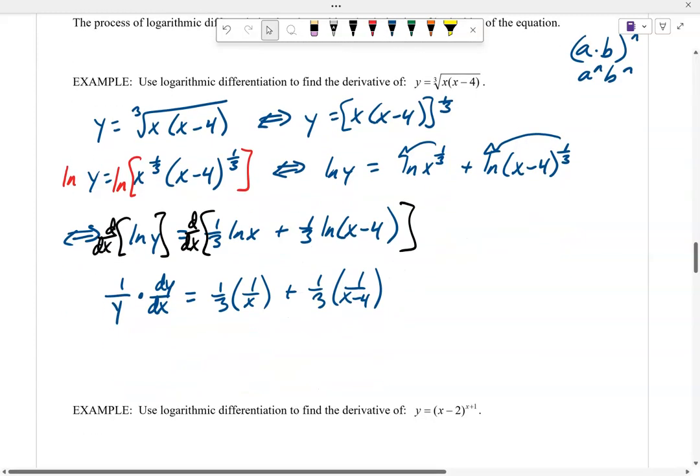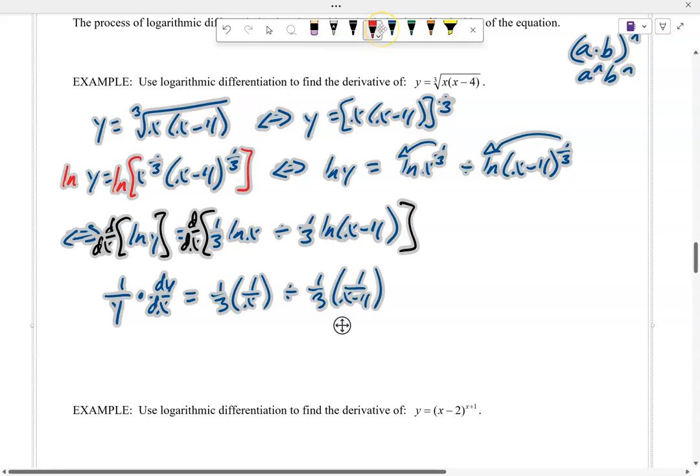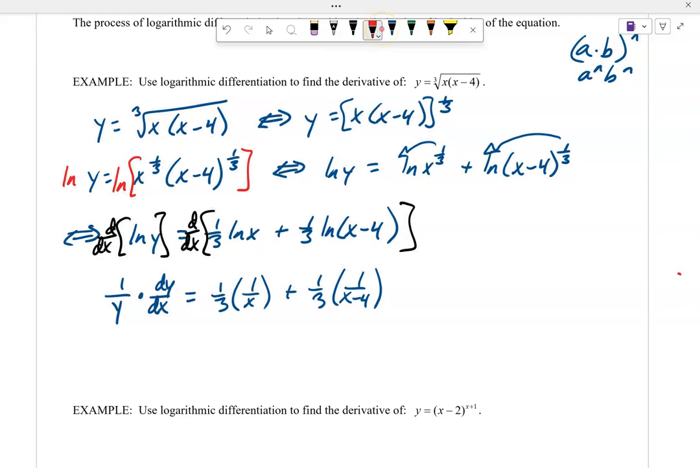And so we've got dy/dx equaling, we want to solve for dy/dx. So I want to get rid of this y right here. See how I have a 1 over y? So let me multiply this side by y and this side by y. And so my dy/dx ends up being y.